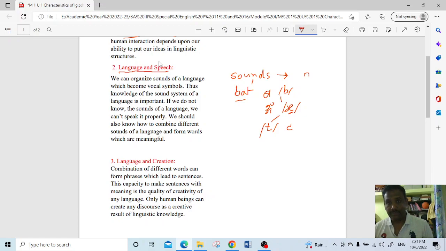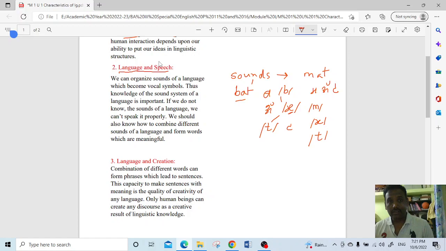For example, mat. In this word, this m, a and t, which are sounds in English and written in this way, m, a and t. These three sounds are used in English to produce this word.